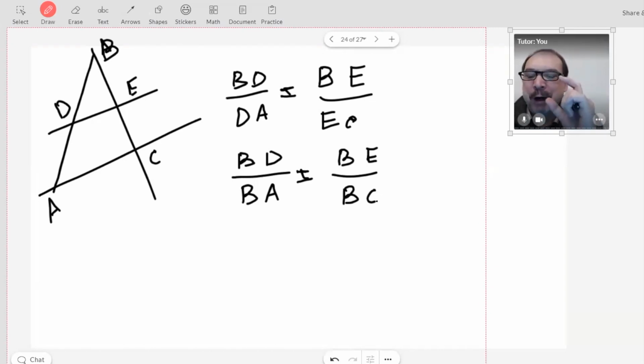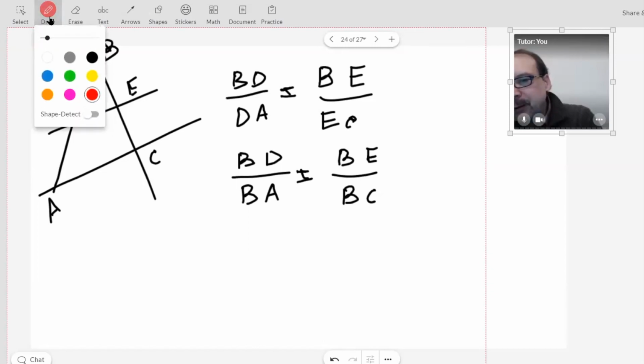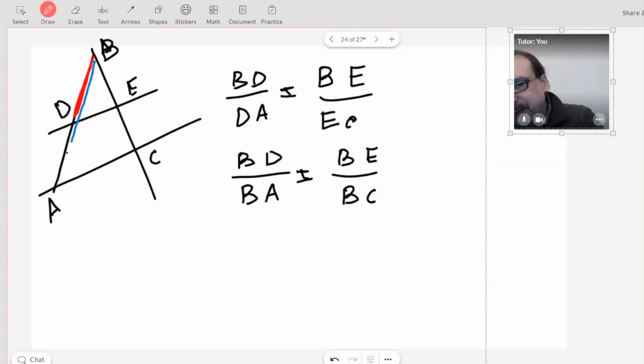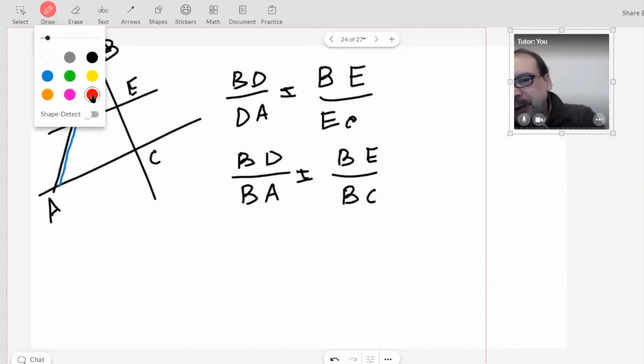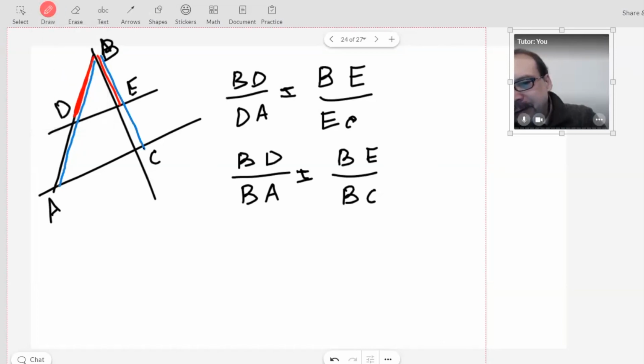So we should be able to visualize those segments, parts of triangles, parts of figures. What I said now is this divided by this should be equal to this divided by this. And again, we should see the similarities. The sides we use in the numerator and the denominator kind of cross each other: short across another short, long across another long.